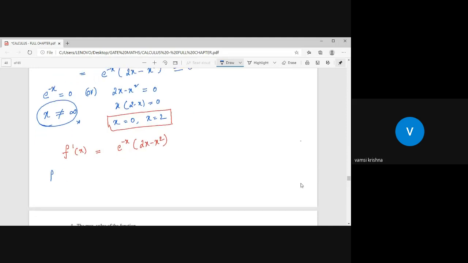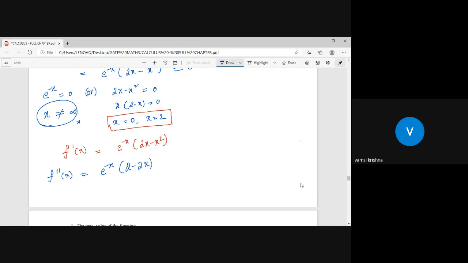So if you want to take f double dash of x, just apply the UV rule. Keeping e power minus x as constant, first differentiate the other part. 2x minus x square differentiation is 2 minus 2x.